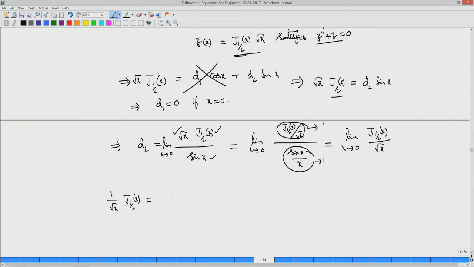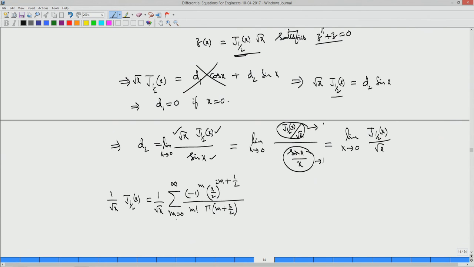You will get the sum over m from 0 to infinity of minus 1 power m, x by 2 power 2m plus alpha, that is half, divided by m factorial into gamma of m plus 3 by 2, that is m plus half plus 1. This is what J half of x is. I am dividing by root x.